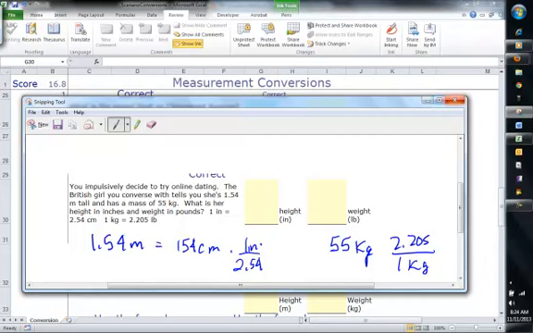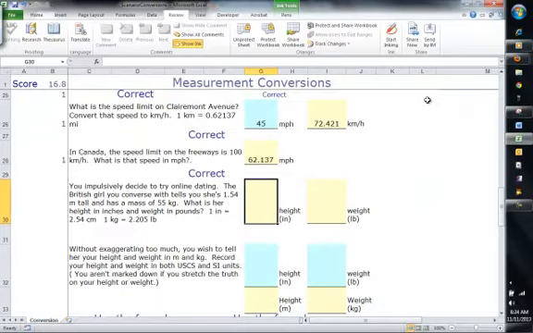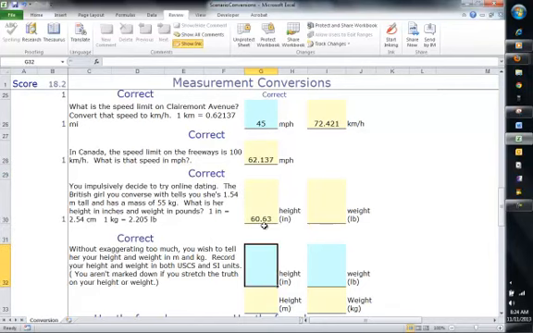So we're going to divide by 2.54 for her height. So equals 154, that's her height in centimeters, divided by 2.54 gives us 60 inches tall, which is about 5 feet. And weight equals 55 kilograms times 2.205 pounds per kilogram. She weighs 121 pounds.